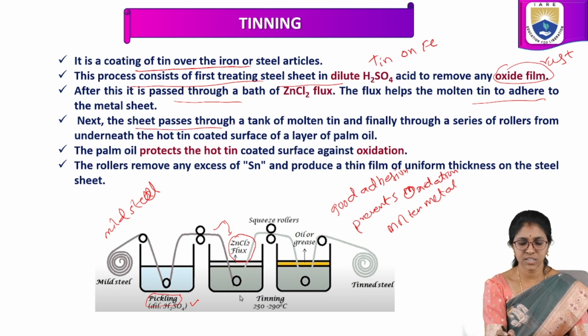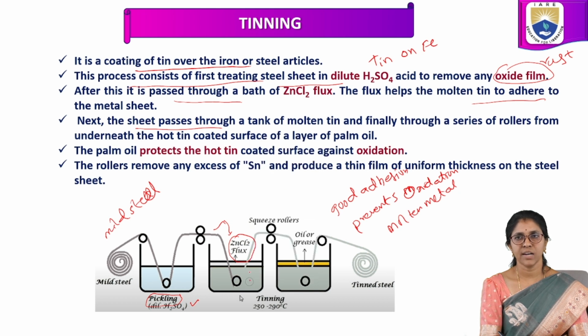Next, the sheet passes through the tank of molten tin, and finally through a series of rollers, with a layer of palm oil underneath the hot tin coated surface. After immersing in the tin metal, it is passed through two series of rollers, and finally through the oil.